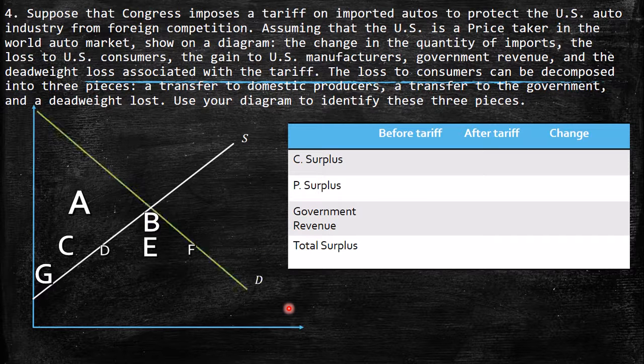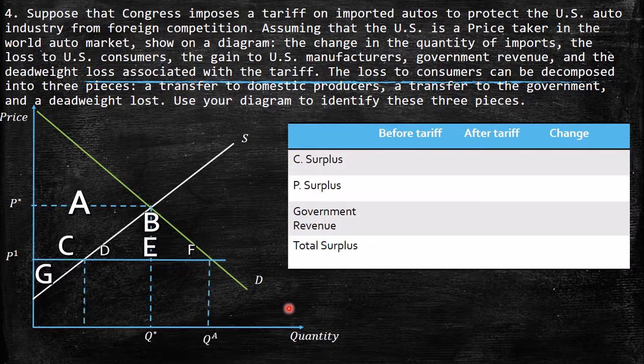Here we have the natural case, which is supply and demand. We have the P star, Q star of the auto market in the US. But remember, they are importers. So P1, the price before the tariff, is going to be lower than P star. We have QA, which is the demand of the US market, and QB, which is the producers' quantity, given P1.